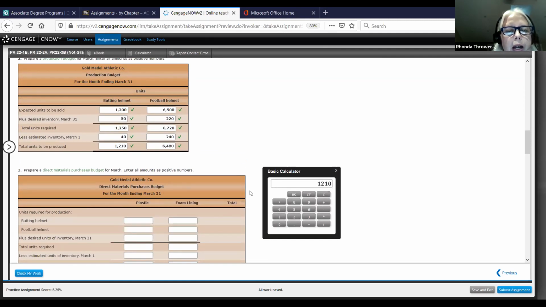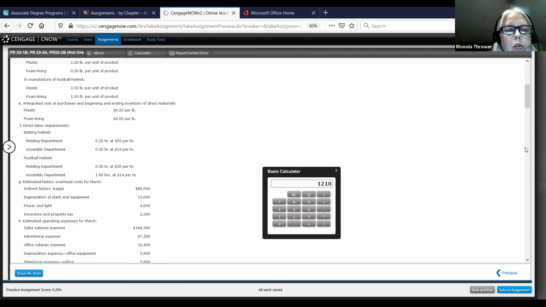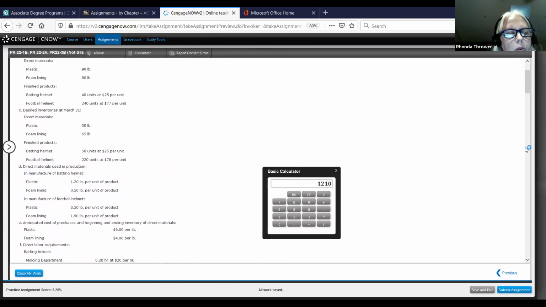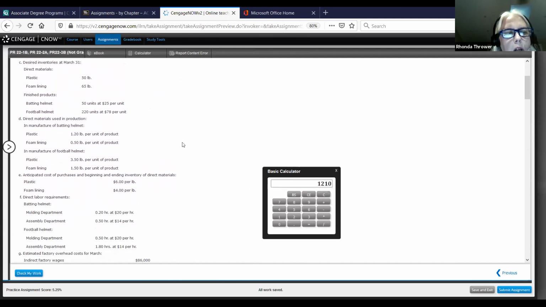And then I'm going to multiply this number of units produced by the amount of plastic that's required to produce 1 unit. And the amount of plastic required to produce 1 unit is found in your given information at the top. So I'm going to scroll up to the top, and look at the amount of materials that we're going to be using in production.